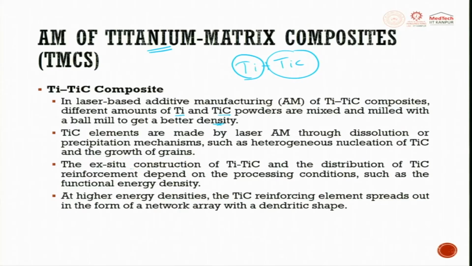In situ is during the process, ex situ is outside the process, for Ti and Ti6. The dispersion of the TiC reinforcement depends on the processing conditions such as energy density. At higher energy densities, the TiC reinforcing element spreads out in the form of a network array with dendritic shapes.